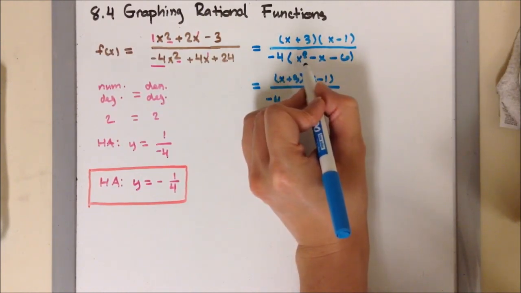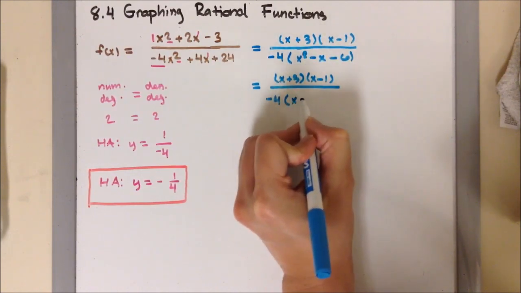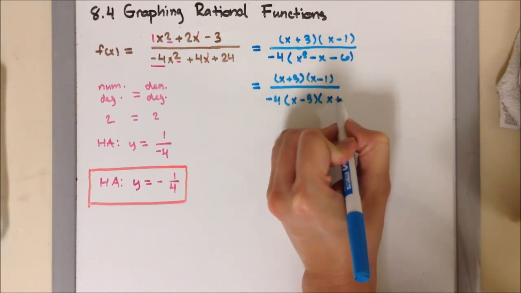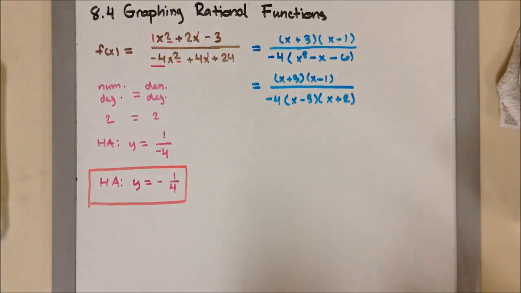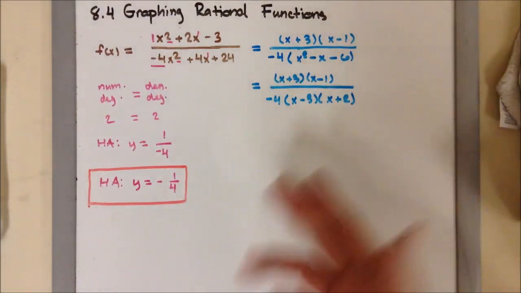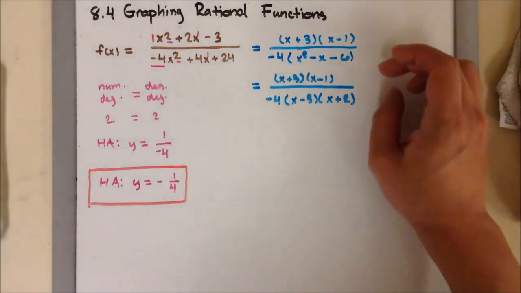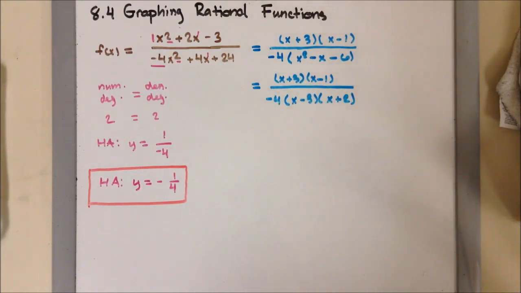Now the factors for x squared minus x minus 6, you should have gotten x minus 3 times x plus 2. Alright, and then you check if you have any common factors to divide. So since we have no common factors top and bottom, there's nothing you can do to simplify.